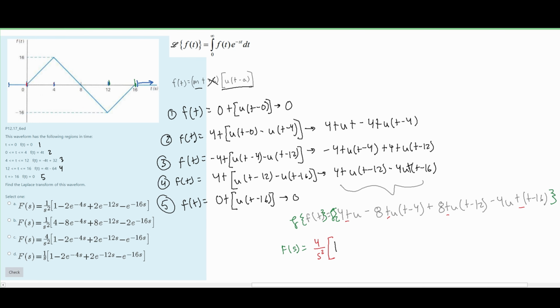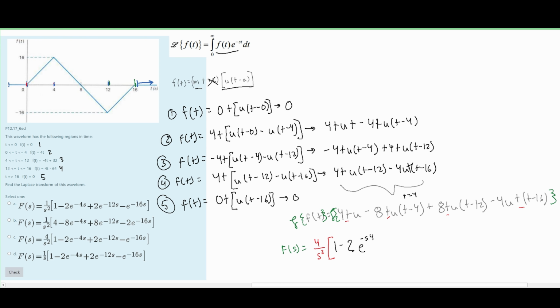For this next value, we're going to have a -2 because we factored out the 4. And then we are not going to use the u. We have this t minus 4 right here, so this is basically going to be t is equal to 4. And so when we look at this equation, we're looking at this part. We are going to have an e to the minus s times 4, because t is 4. So that is going to be how we write that.